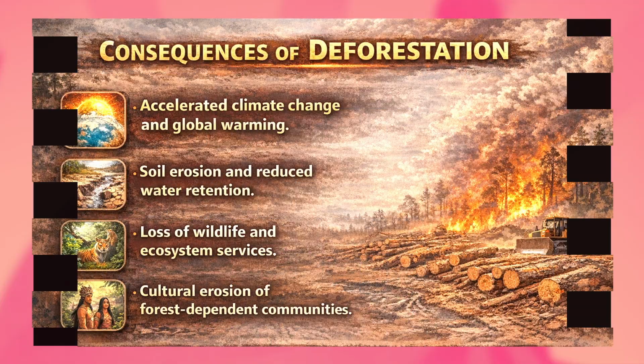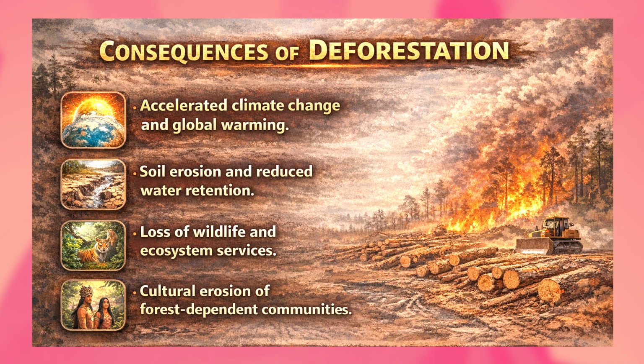Now, so far as consequences are concerned, it includes accelerated climate change and global warming, soil erosion and reduced water retention, loss of wildlife and ecosystem services, cultural erosion of forest-dependent communities.